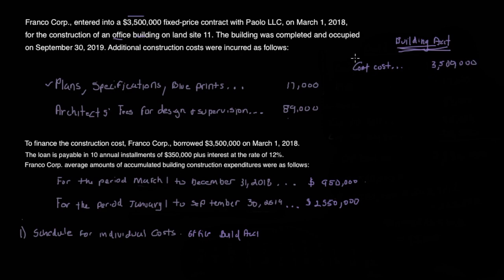And then below that, we're going to do the plans and specifications and blueprints. I'm just going to write plans for that one for room reasons, like I said before. So that is $17,000.